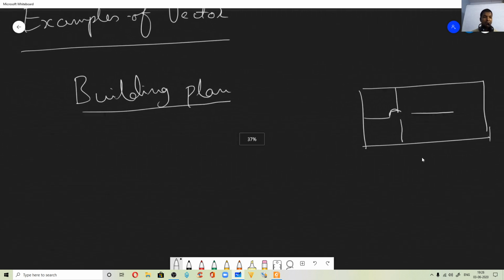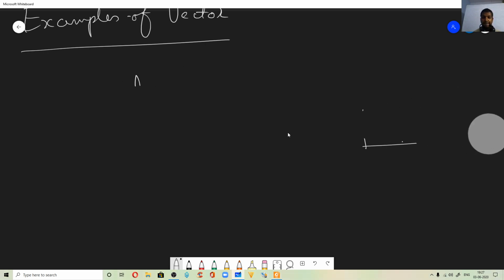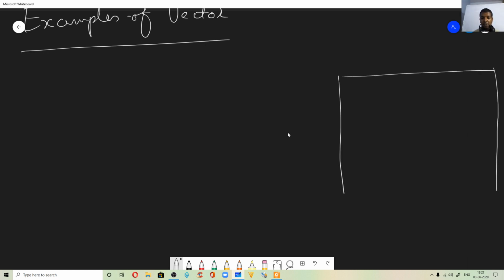Now I want you to imagine your classroom. Say your classroom is on the ground floor, and you are observing it from the top floor. What you will see is your friends' heads, because you are seeing from the ceiling.